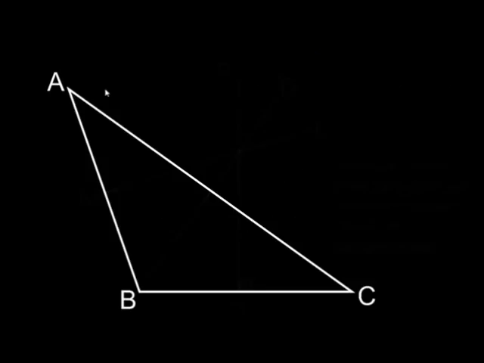And just like with our three previous special segments, we can have three perpendicular bisectors in one triangle. So our first one, we'll call it RS, because S is the midpoint of BC, and it forms a 90-degree angle.